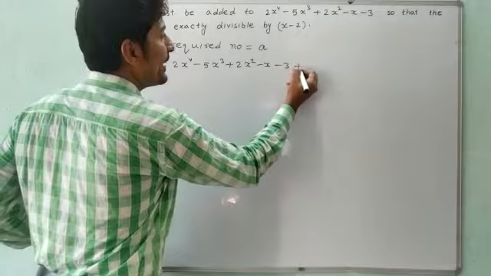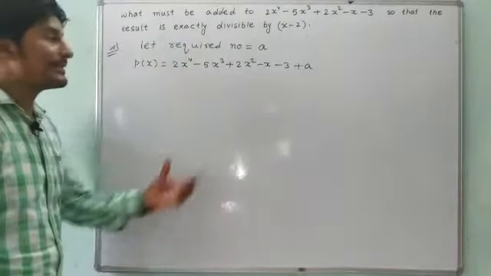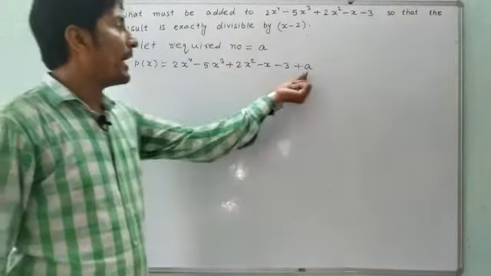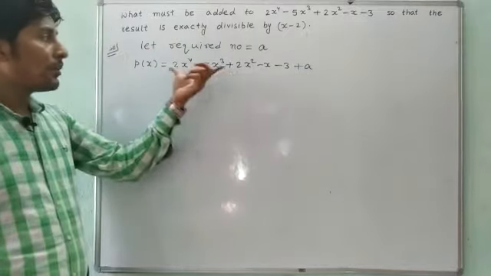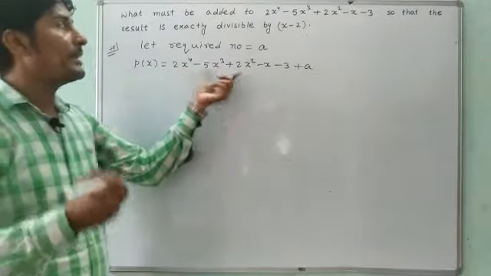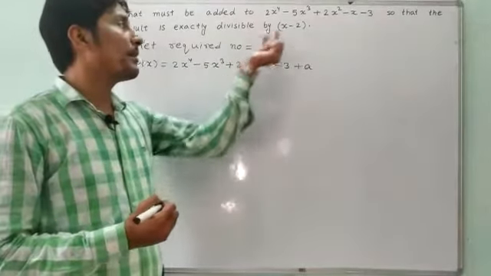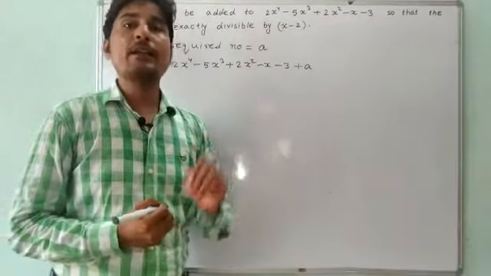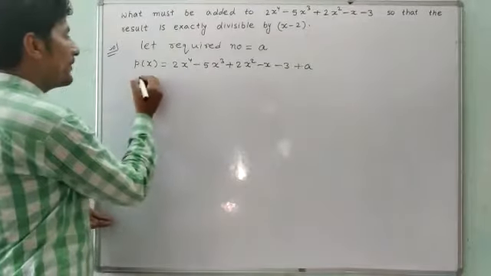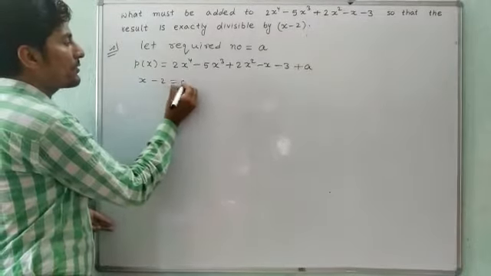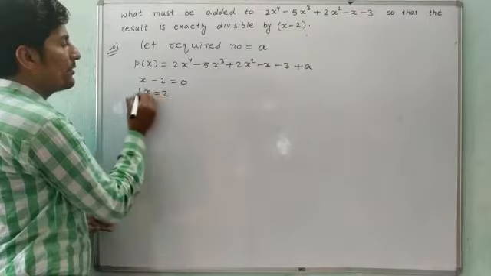Now we are going to add a to the given polynomial. This is our resultant polynomial. After adding a, this polynomial is exactly divisible by x minus 2. It means when we divide this polynomial by x minus 2, the remainder is 0. Hence x minus 2 equals 0, x will be equal to 2.